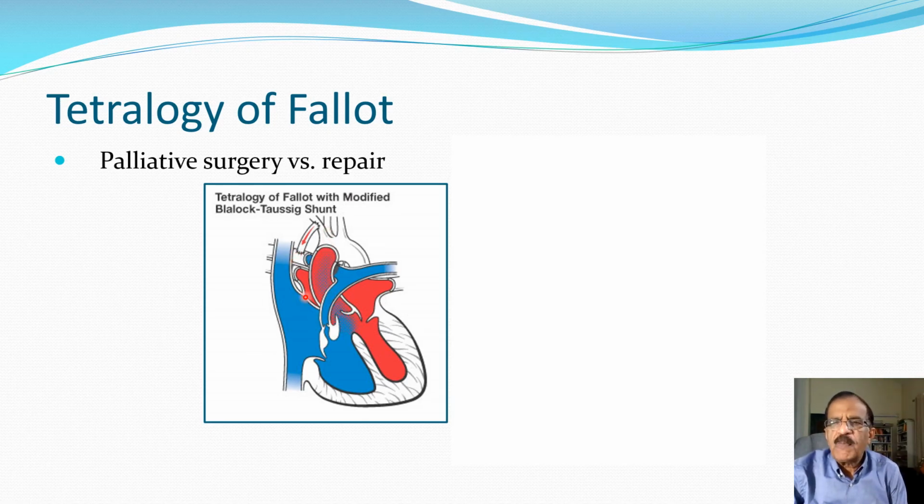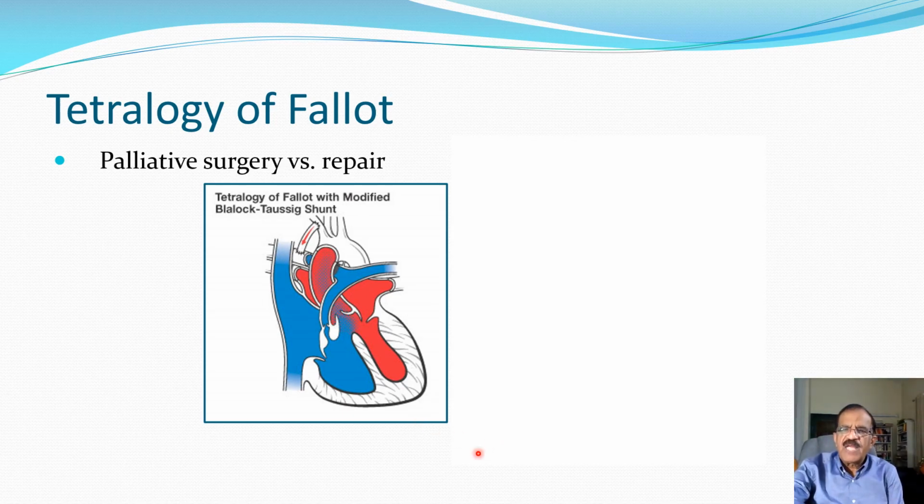So distal to the pulmonary valve, the blood will go to the pulmonary artery, circulate through the lung and get oxygenated. This would of course put the left ventricle under some volume overload, but will at least make life possible, which allows the child to grow a little bit, and later on repair may be done.